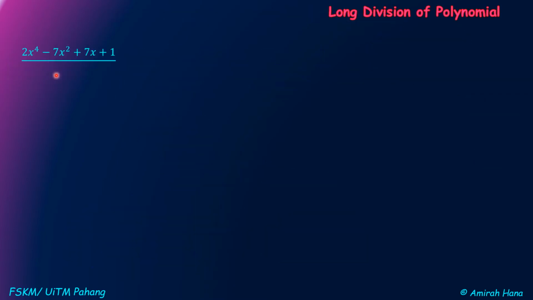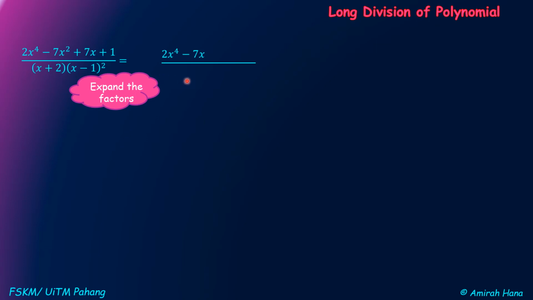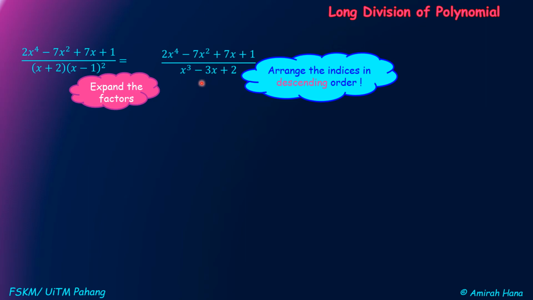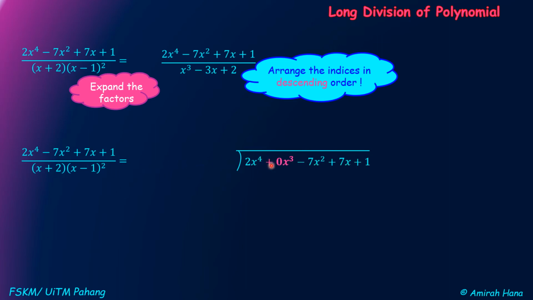By doing long division, we need to expand the factors in the polynomial function. After we expand, we arrange the indices in descending order: first x cubed, then x to the power of 1, then the constant. We write the numerator inside the division symbol and the denominator outside.